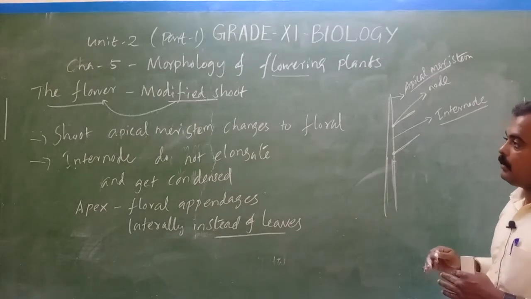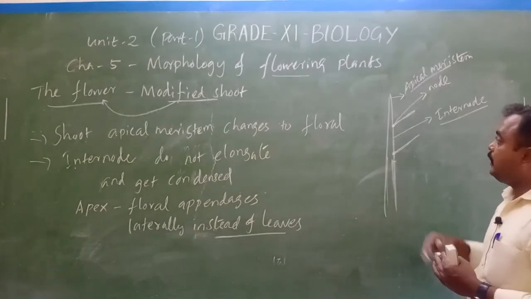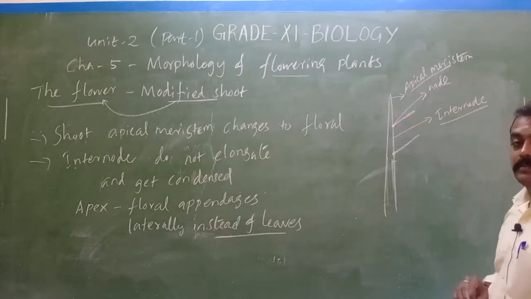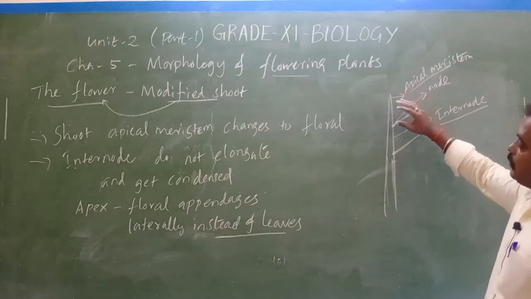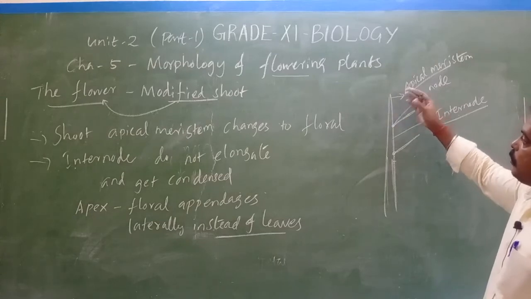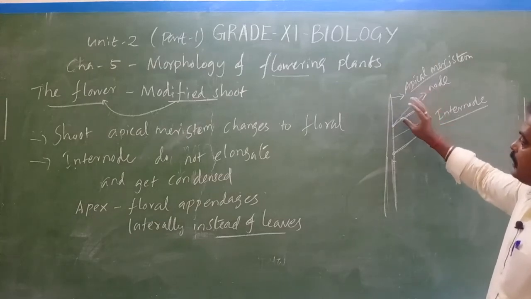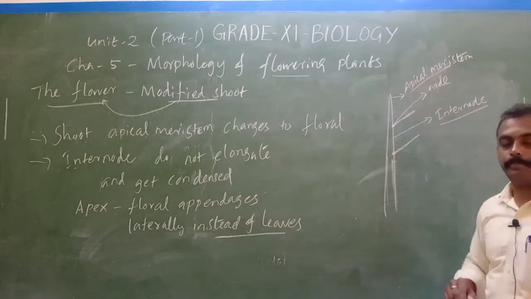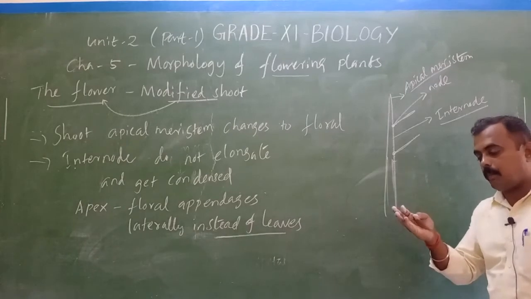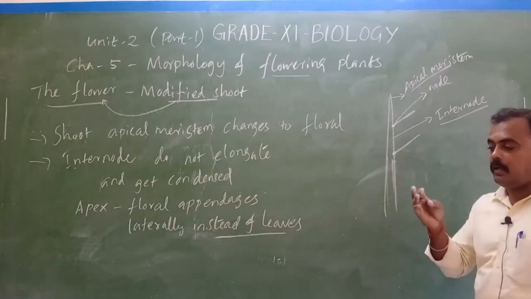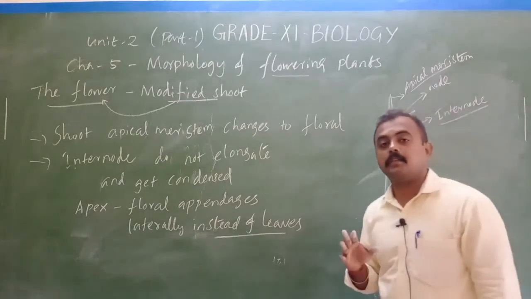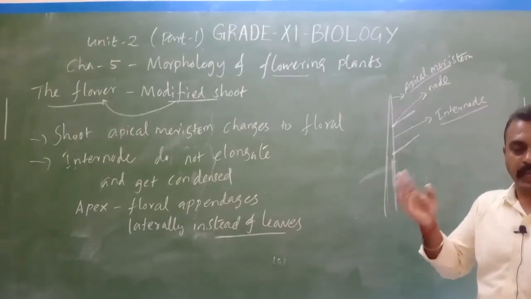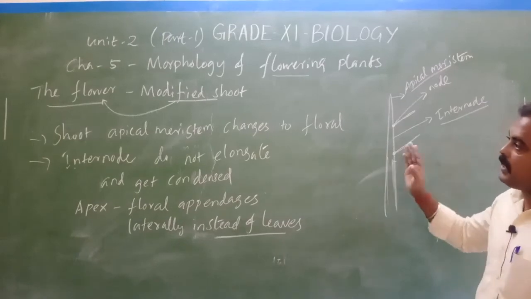But here the apical meristem and internode are condensed. So it is changed into what? Flower. What they are saying is that instead of leaves the flower is coming. So the apical meristem and internode condensed, and instead of leaf the flowers came. Like that they are saying about the flower.